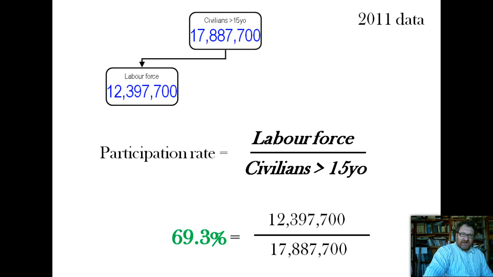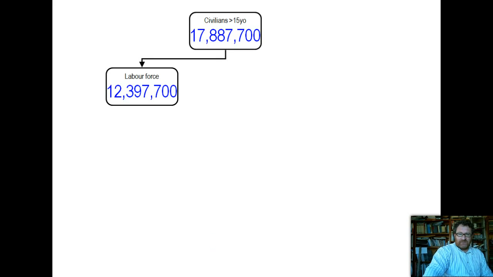So roughly 70% of the working age population is participating in the labour market. They're either employed or they're unemployed. So there's 30% of the working age population who are neither employed nor unemployed. They're non-participants, according to the statistical definitions.